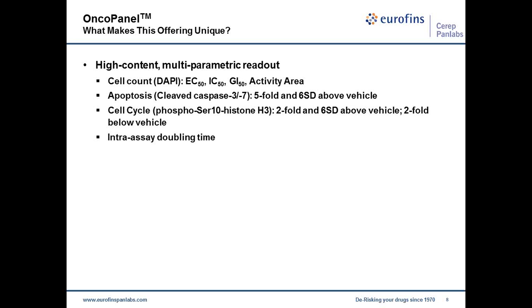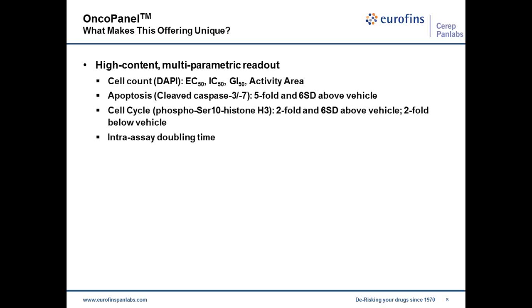Our standard offering is listed here, and that is we measure cell count by staining the nuclei with DAPI and then counting the number of cells remaining in the well. And for the cell count dose response curve, we report a number of different drug response parameters such as EC50, IC50, GI50, and the integrated area above the dose response curve, or activity area.